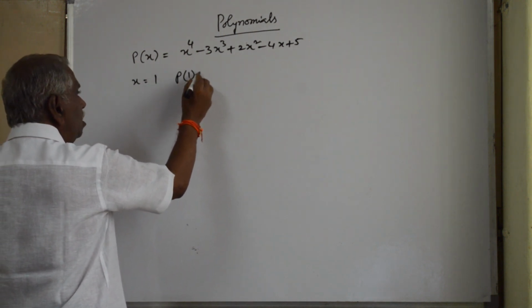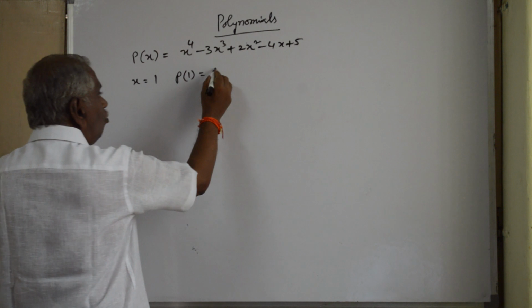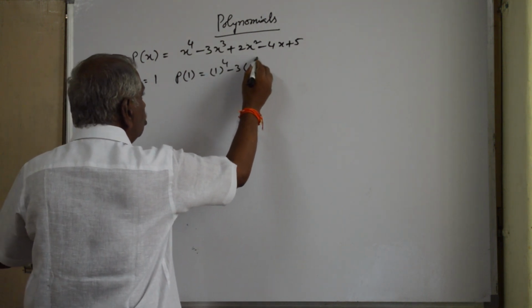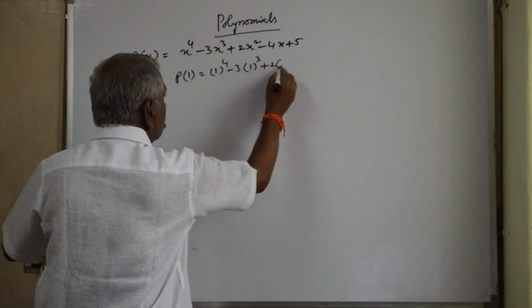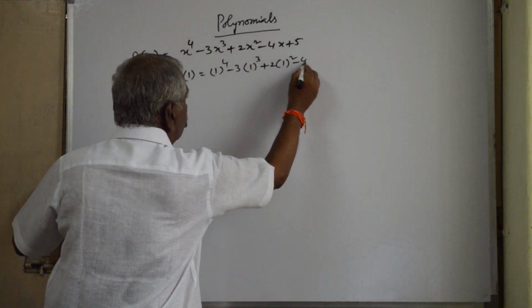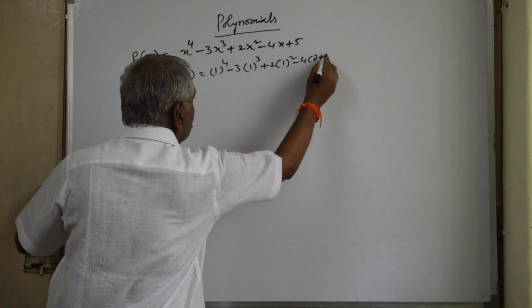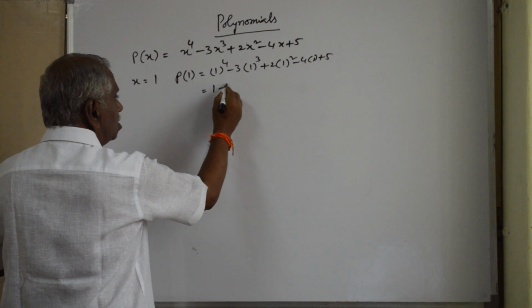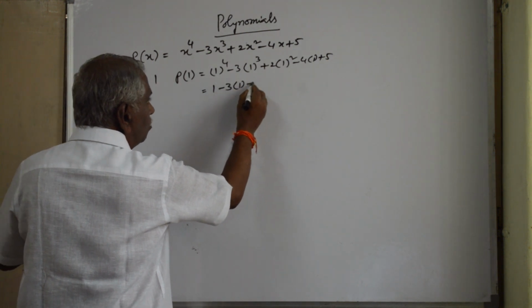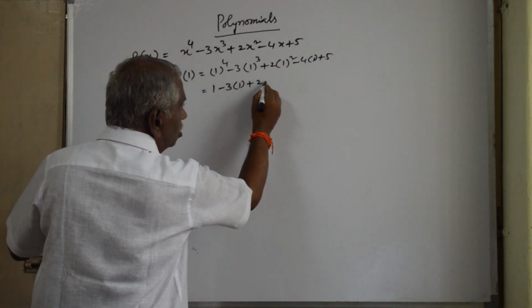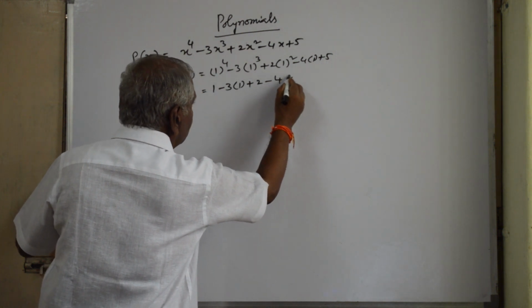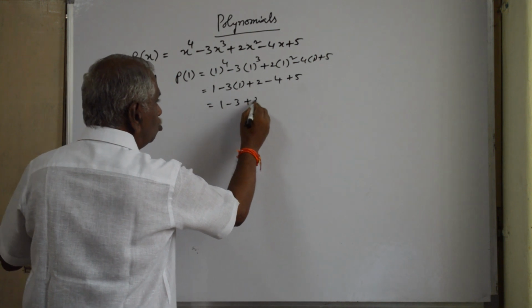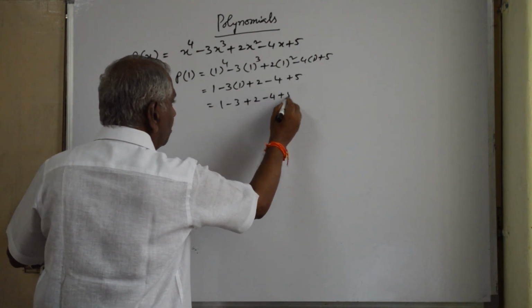So we can call it P of 1 is equal to 1 power 4 minus 3 into 1 cube plus 2 into 1 square minus 4 into 1 plus 5. What is 1 power 4? It is 1. Minus 3 into 1 plus 2 into 1, minus 4 plus 5. Now this is 1 minus 3 plus 2 minus 4 plus 5.